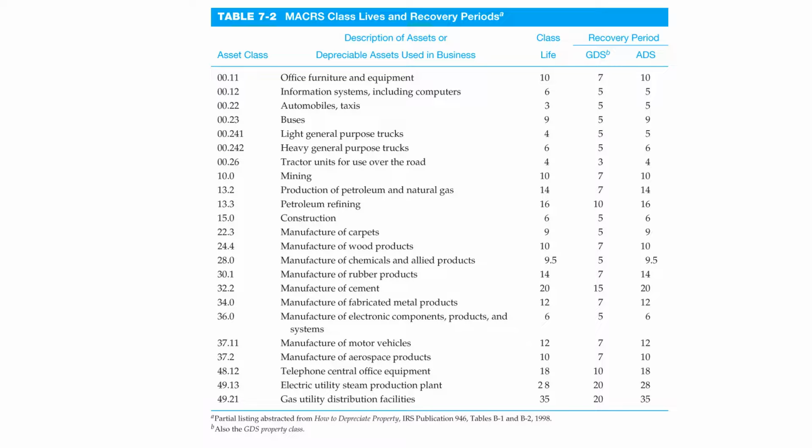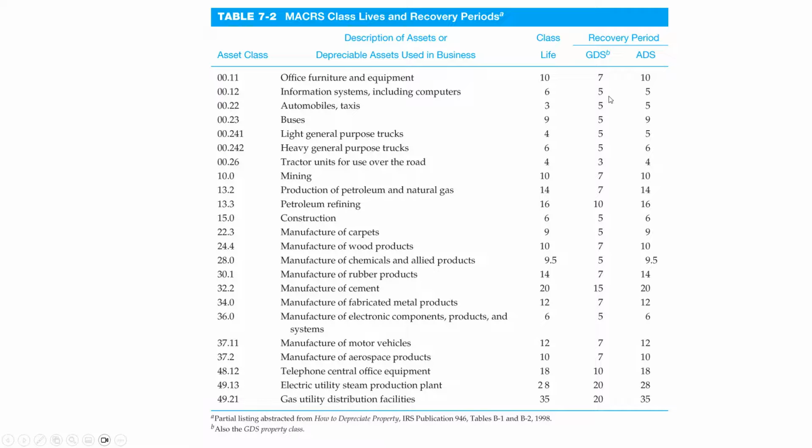So here are some of the different category types. And the class life, which is supposed to be more a reflection of how long they expect that it would actually last. And then there are different tax category recovery periods. And so if we just take as an example petroleum refining equipment, they anticipate that on average petroleum refining equipment will have a class life of 16 years.